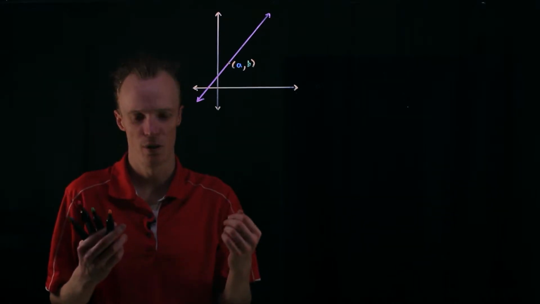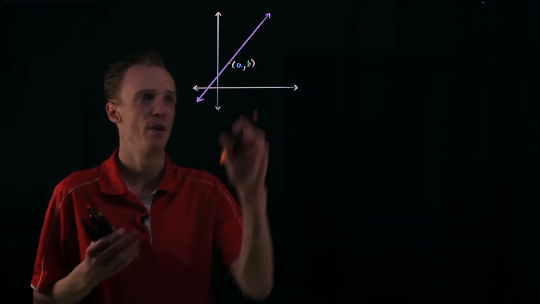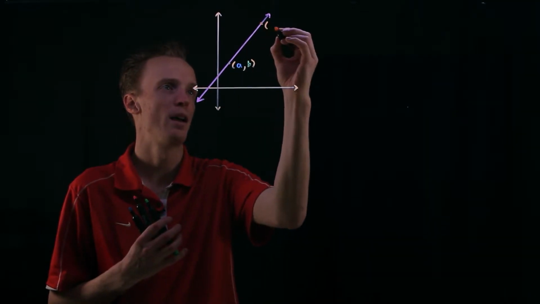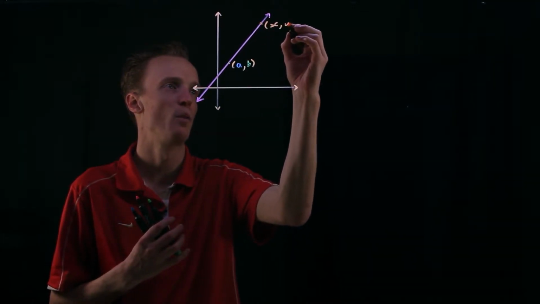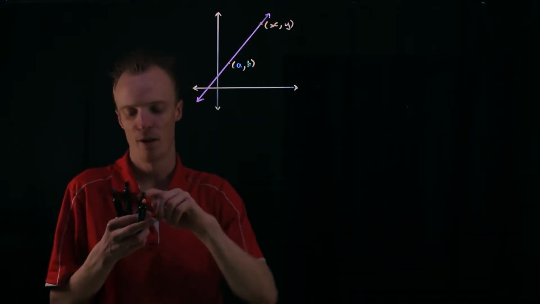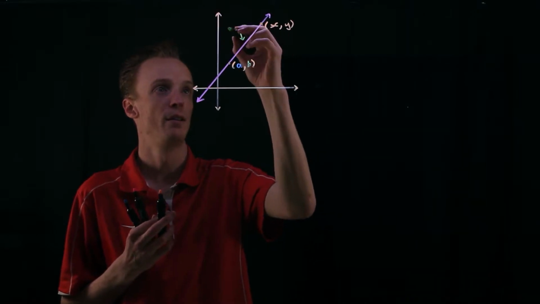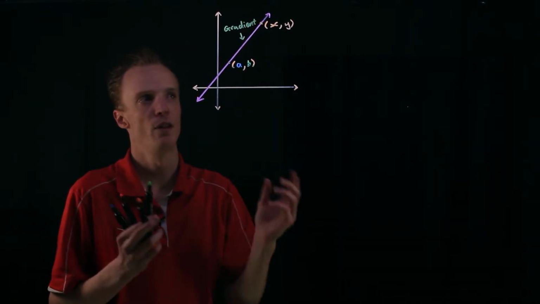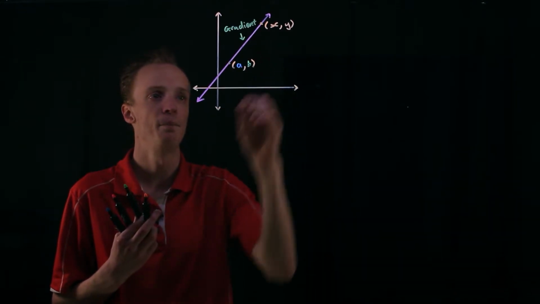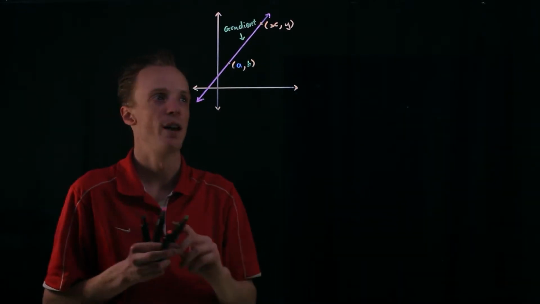But what we do know is if we consider another point along this line, let's just say this point over here with the coordinate x and y, we can find the gradient of this line. We can find the gradient by finding the rise divided by the run, or the difference of our y divided by the difference of our x.